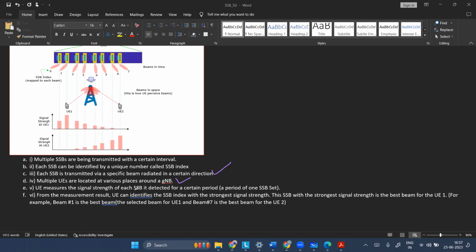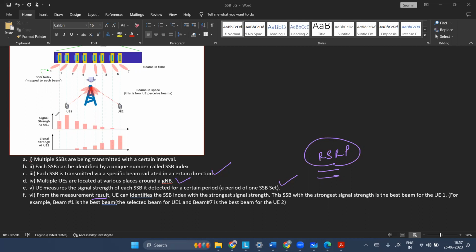The UE measures the signal strength of each SSB detected within the period of one SSB set. Now you can understand the UE would be looking every 20 milliseconds if the default periodicity has been configured as 20 milliseconds, and it detects the SSB which has the highest RSRP, right? From the measurement result, the UE can identify the SSB index.